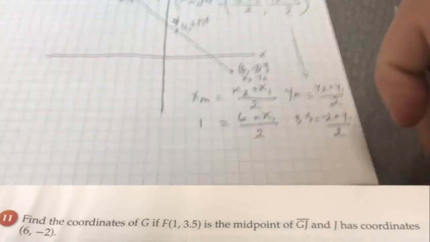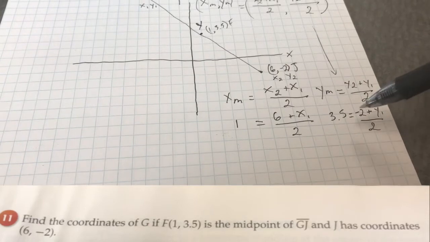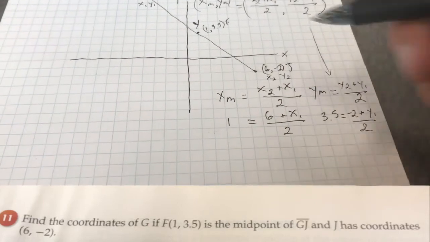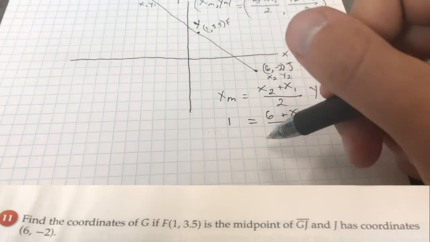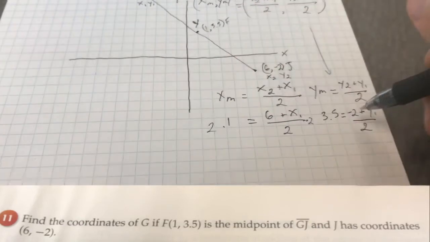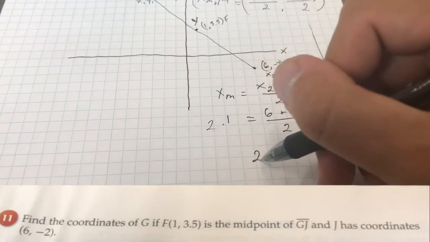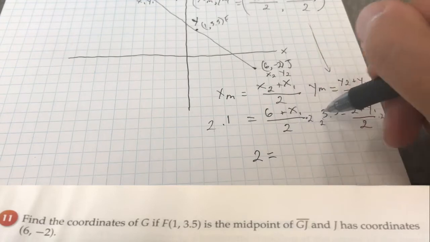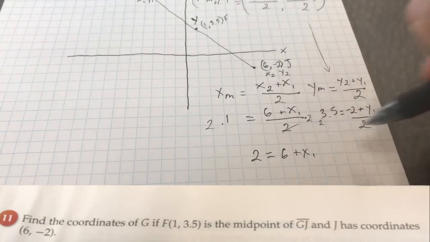Now, all we have to do, because we now have a two-step equation for each of these, is solve it out with algebra. So in both of these cases, we can multiply times 2. Multiply both sides times 2. 2 equals, these are going to cancel, 6 plus x1.